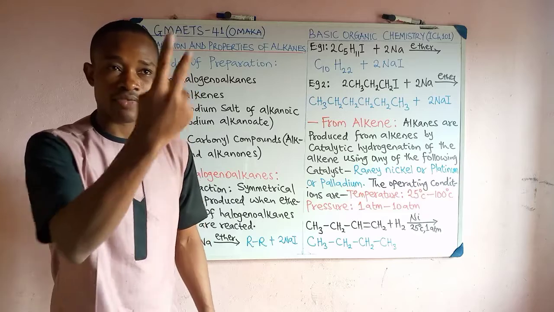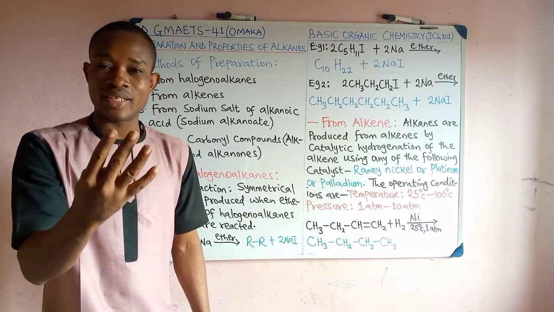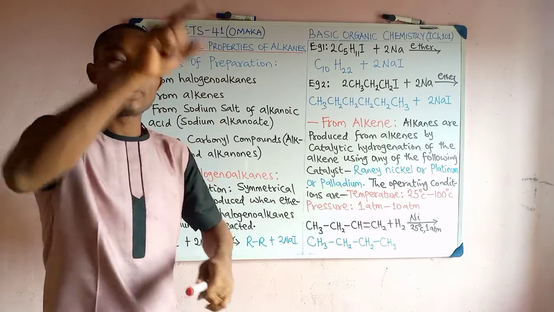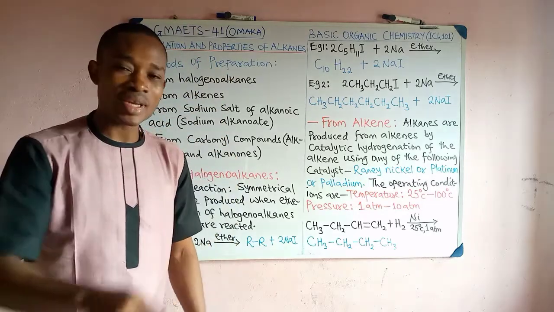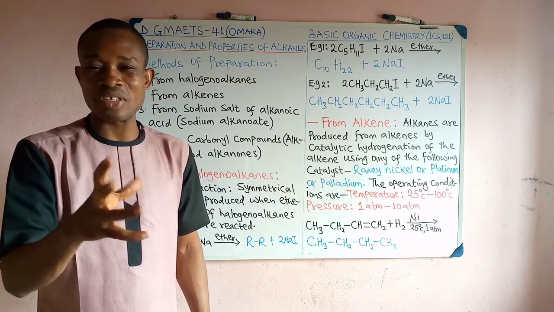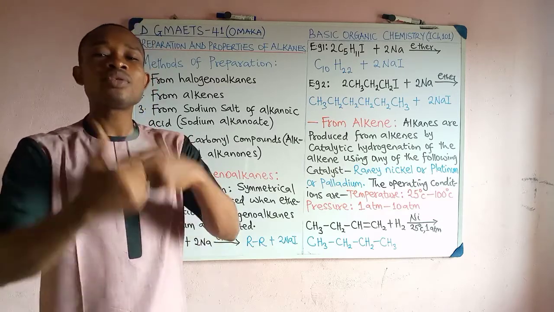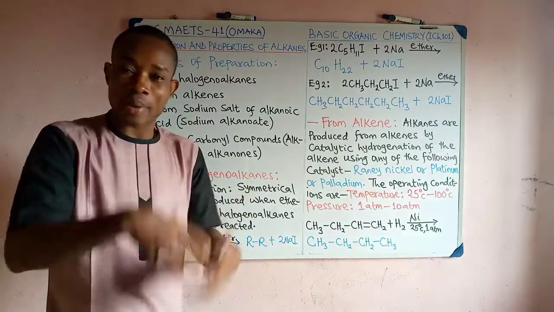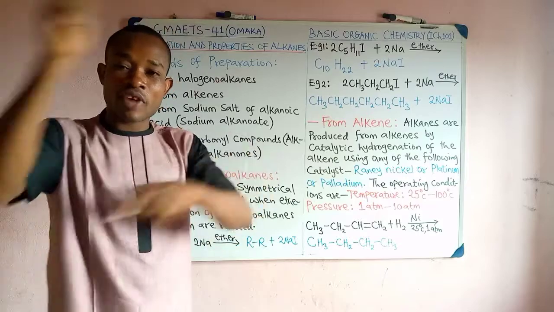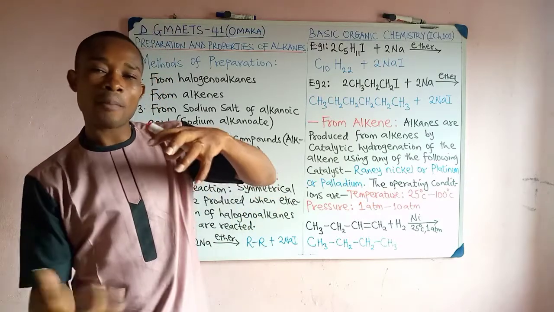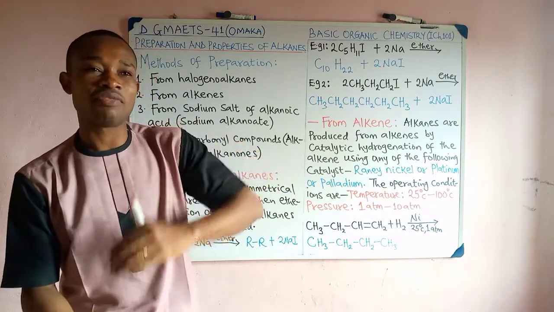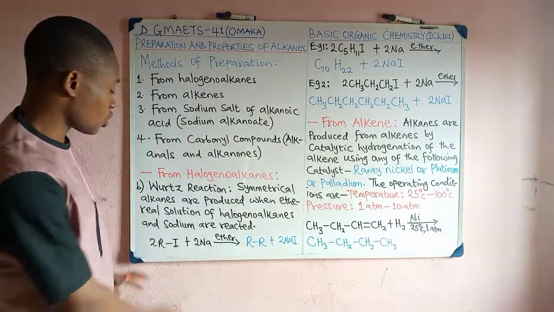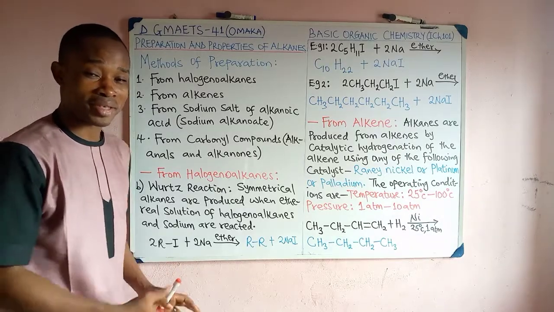The elements themselves, fluorine, chlorine, bromine, iodine, the order of reactivity decreases down the group, so fluorine is much more reactive. Going down, iodine does not even show any reaction like that. But when you see these elements now in a compound, the order of reactivity reverses. This time around, compounds of iodine will be much more reactive than the compounds of the other halogens above it. So don't forget that. That's why we use more of iodoalkanes here.